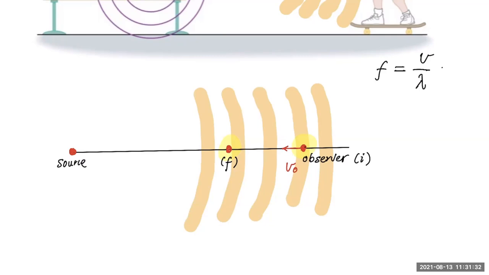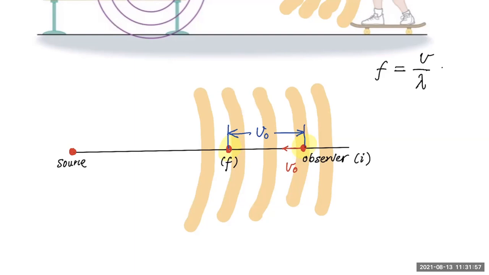During that unit time, how far did he move towards the source? Well, that's equal to his speed VO times the time, which is 1 unit, right? So this distance between his initial and final position is simply V observer times 1 unit of time, okay?